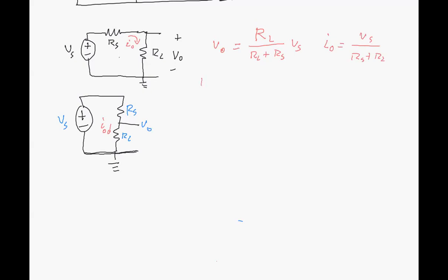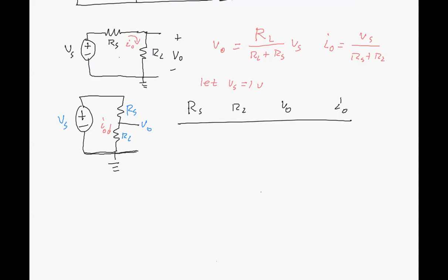So if we let Vs equal 1 volt, just because that'll make things easier, and we have some values. If we have Rs and RL, and we'd like to know V out and I out.